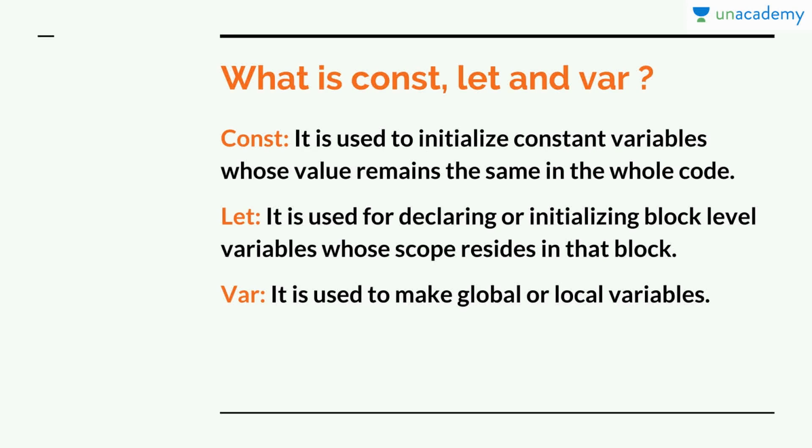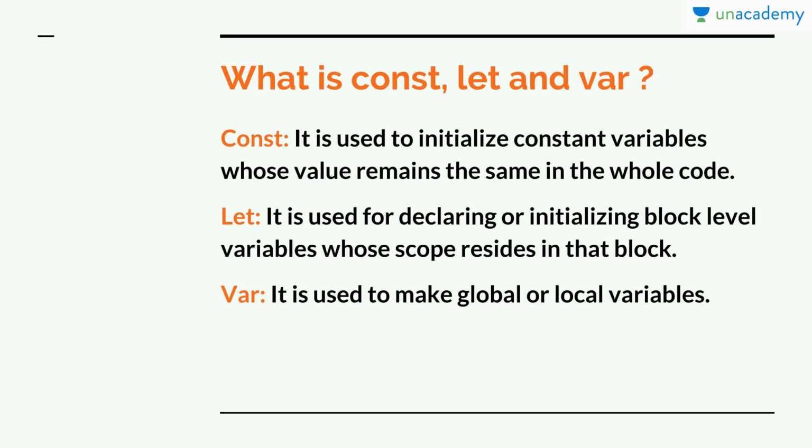So what is const, let and var? Const is basically used to initialize constant variables whose value remains the same in the whole code. Now let's assume you are writing code in which you have to find out the area of a circle, so the formula of the area of a circle is pi r square.